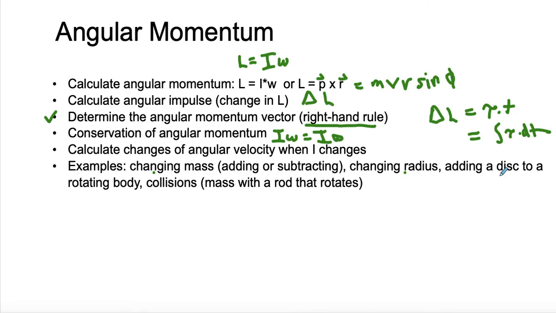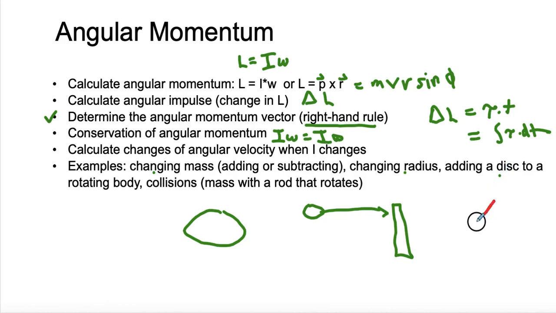You can add a disc. This is a common one where you have a rotating turntable and then you add a disc on top of that. And that's rotating, and you add another one on there. So you get two rotating discs to that. Collisions, if you had a rod like this and you had a mass coming and it collides with it, and then afterwards these things are going to start to move and rotate because this thing is globbed onto it.